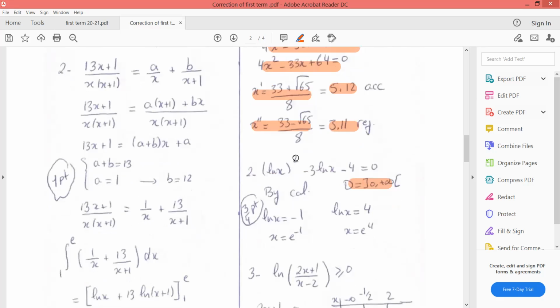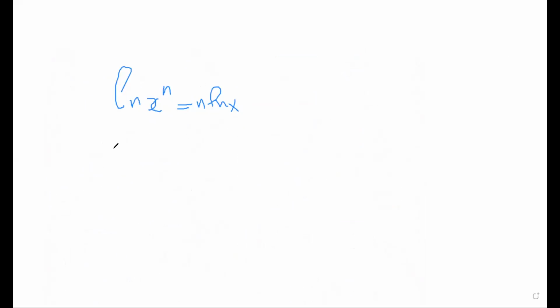By calculator for the second degree equation, the calculator gives x equal minus 1 and 4, but here it is not in x, it is in ln x. So you have to pay attention to put ln x equal minus 1 and ln x equals 4. To remove ln, we have: if ln x equals a, it means that x equals e to the a.